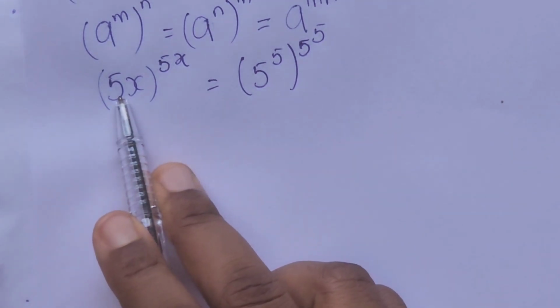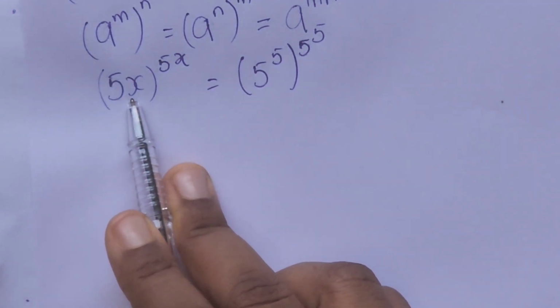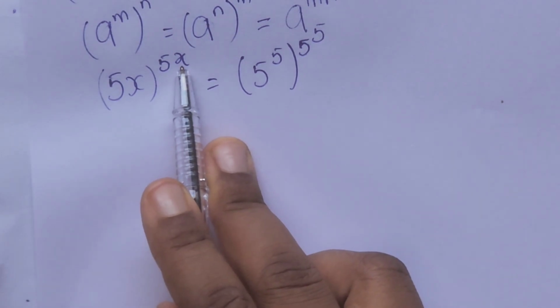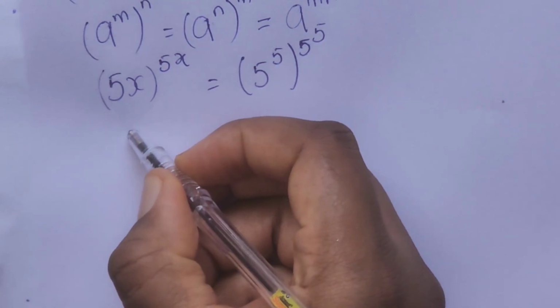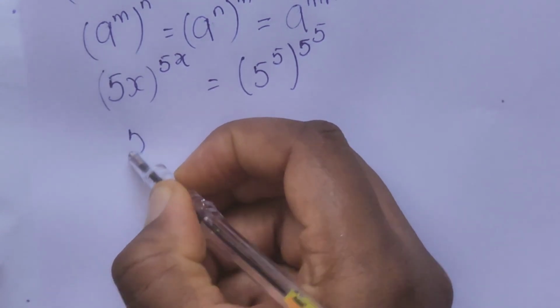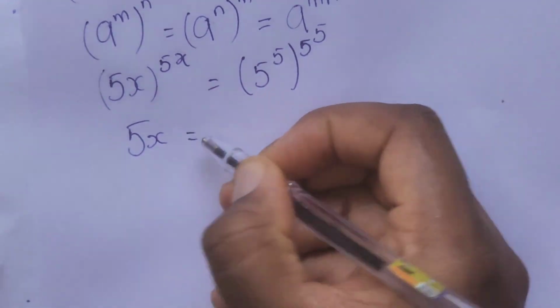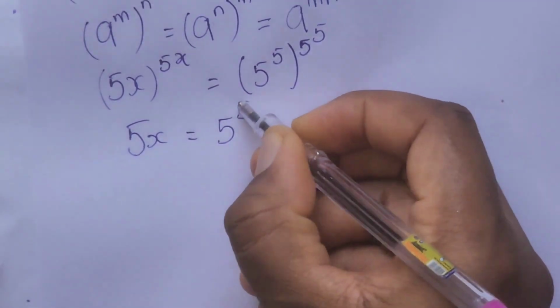So from here we have that what is in the bracket equals what we have as the power here, and the same happens to this place. So we simply have 5x is equal to 5 to the power of 5.